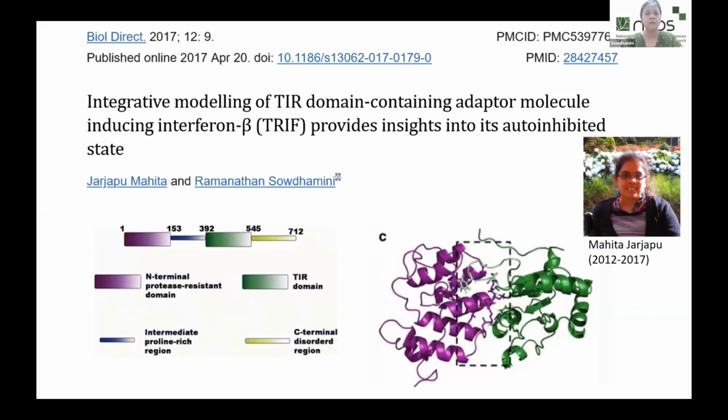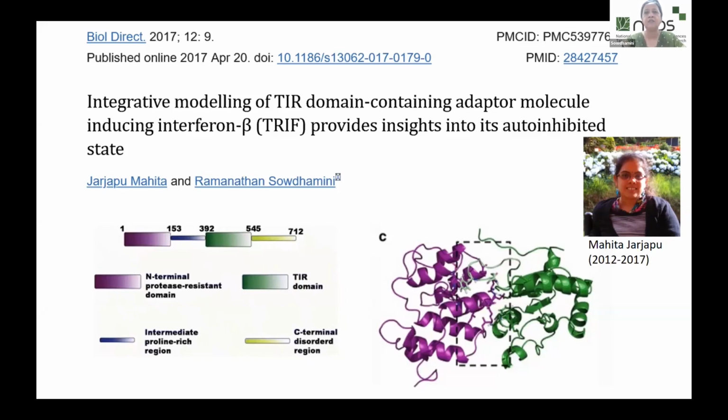There are many players in the toll-like receptors, and you will hear about it from the speakers soon. One of the aspects is there is an intracellular domain called the TIR domain, which has to be present as a dimer, because the whole toll-like receptor dimerizes upon ligand binding. So the TIR intracellular domain has to be a dimer.